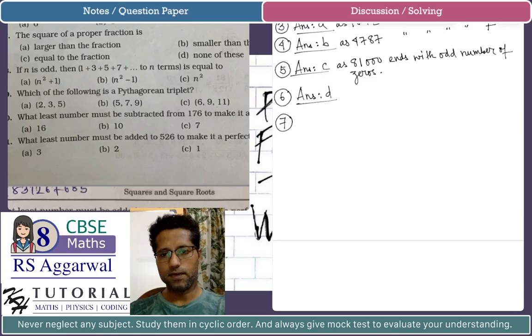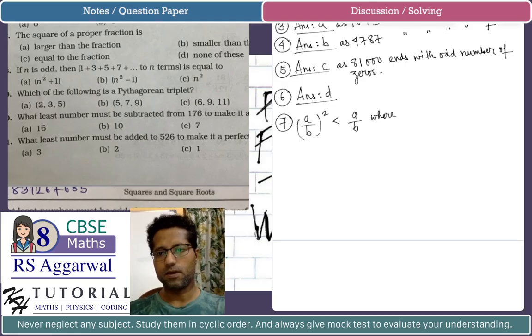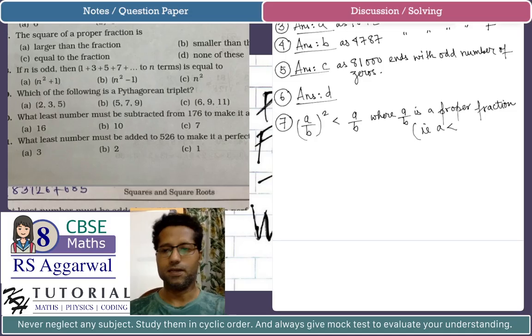We know that for a by b, a proper fraction, not an improper fraction, the square will always be less than the fraction itself, where a by b is a proper fraction, that is, the numerator a should be less than the denominator.